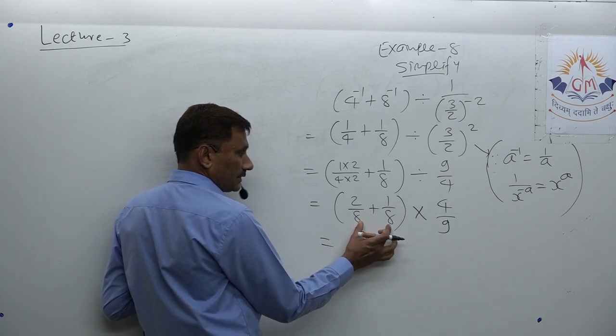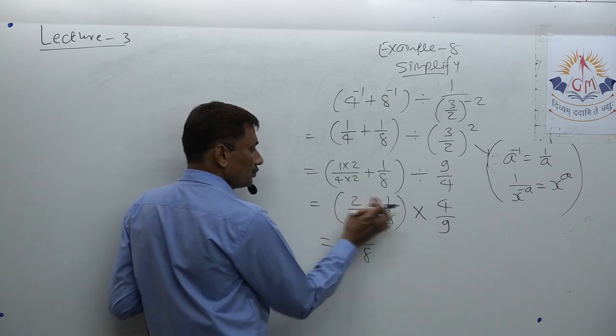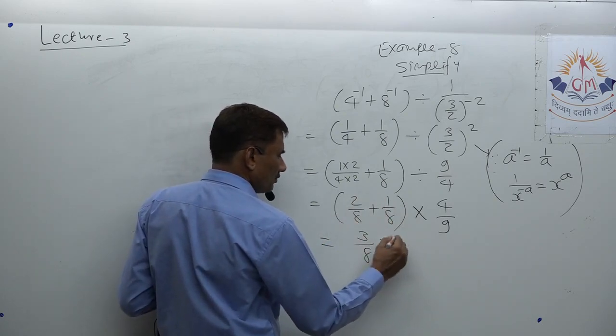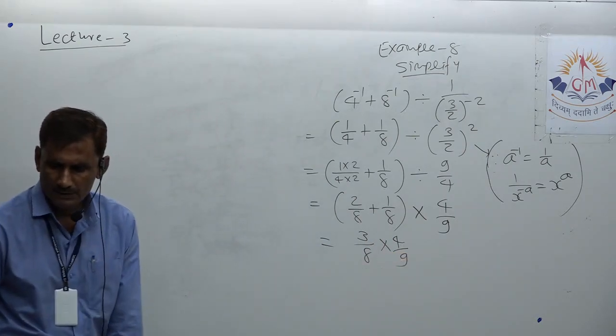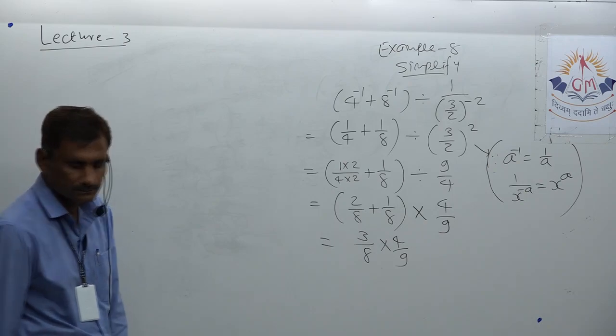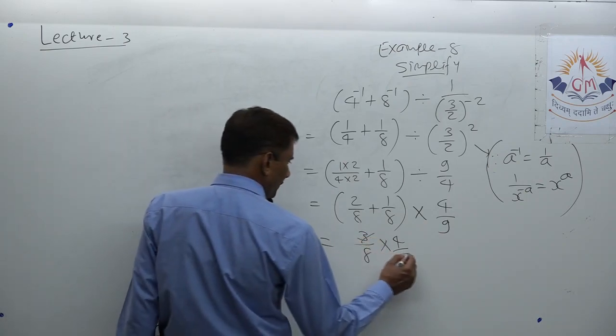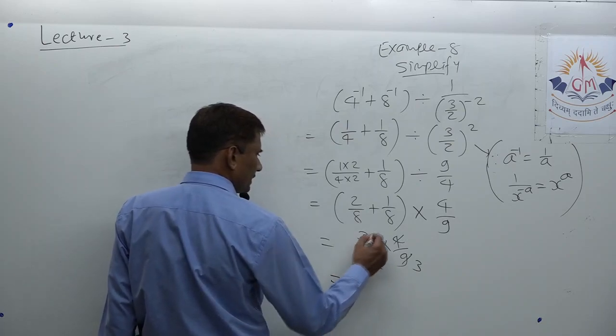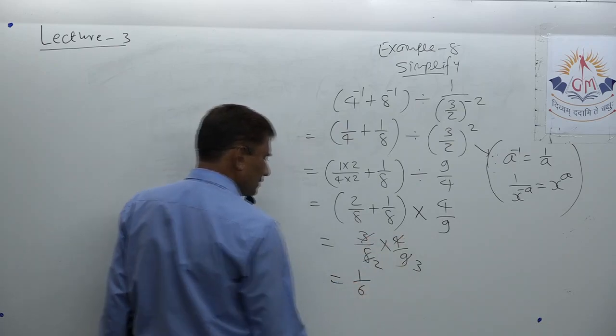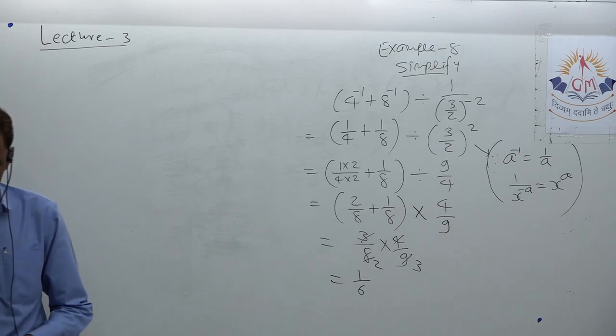Now the denominators are equal, so 2 plus 1 is 3, and this is 4 by 9. Now you can cancel them out. 3 into 3, 4 upon 4 into 2. So nothing is left here, and here upon 6. So 1 by 6 is our answer.